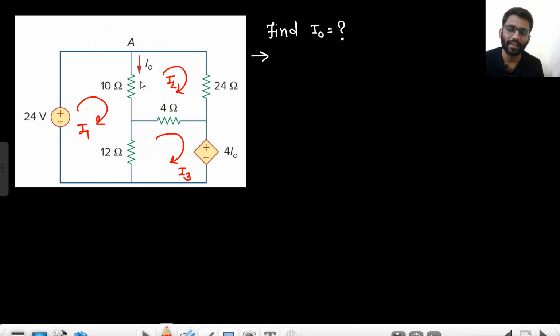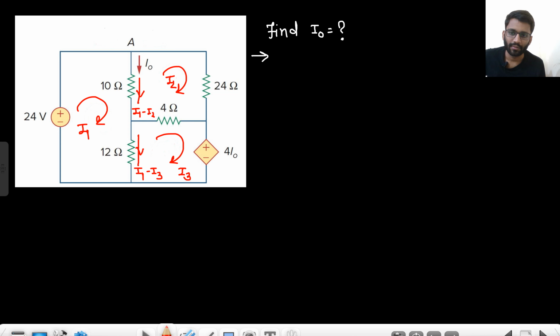So tell me what will be the current in this branch? That will be I1 minus I2, right? What will be the current in this branch? The component of I1 will be there and the component of I3 will also be there. If I am writing in this direction, I1 is flowing like this, I3 is flowing like this. What will be the current in this branch? You can make any direction. I am making this direction.